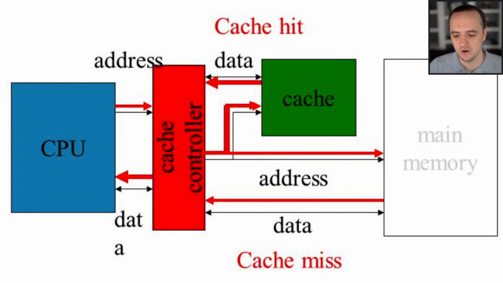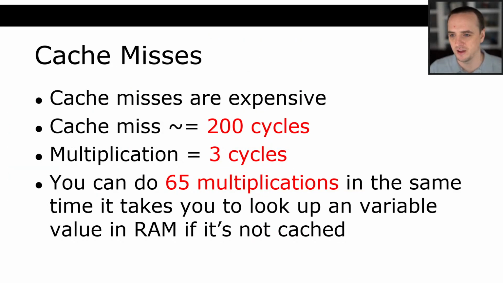And so you may say, okay, Dave, that sounds great, but how much time does it actually save? Well, let's have a look. Cache misses are surprisingly costly. These values are not identical for every computer, but the point I'm trying to make is approximately the same for most computers.